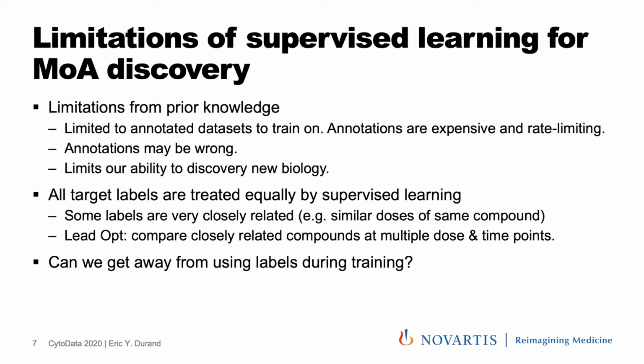For instance, similar doses of the same compound would be treated as dissimilar as 2 treatments from compounds belonging to completely different mode of actions. And if you work in a lead optimization setting, typically you want to compare closely related compounds at multiple doses and time points. And so supervised learning might bias you here. So the question we asked was, can we get away from using labels at all during training?